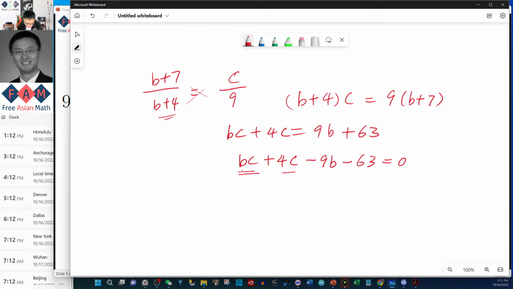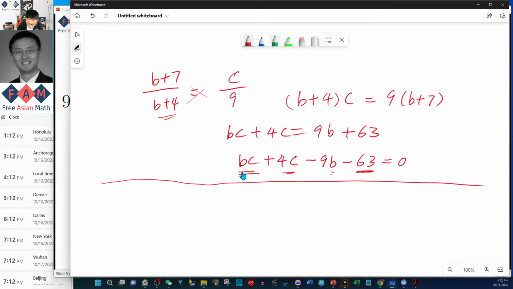You have each individual b and c with different coefficients. You have a constant term. This can always be factorized in a way that gives you a multiplicative relationship. What does that mean? So essentially we are discussing the so-called Simon's Favorite Factoring Trick.